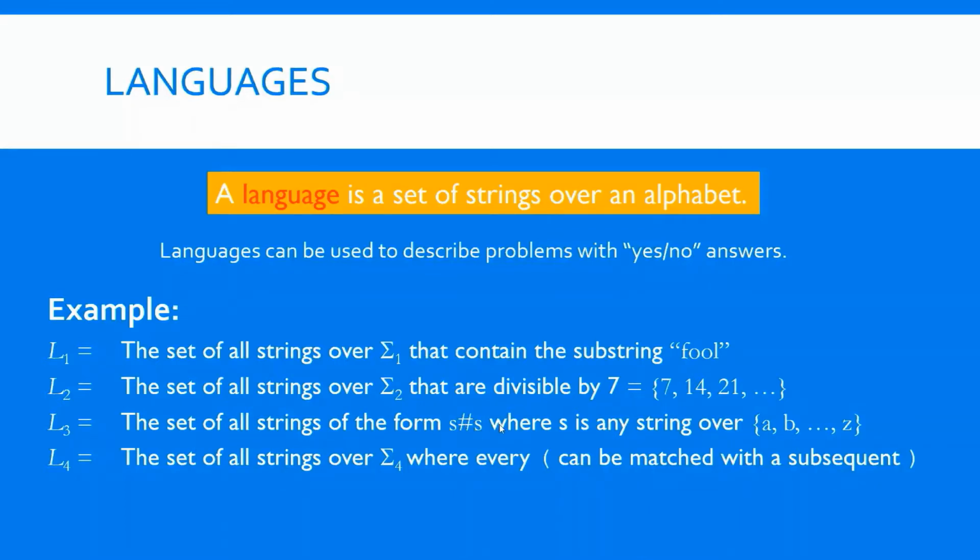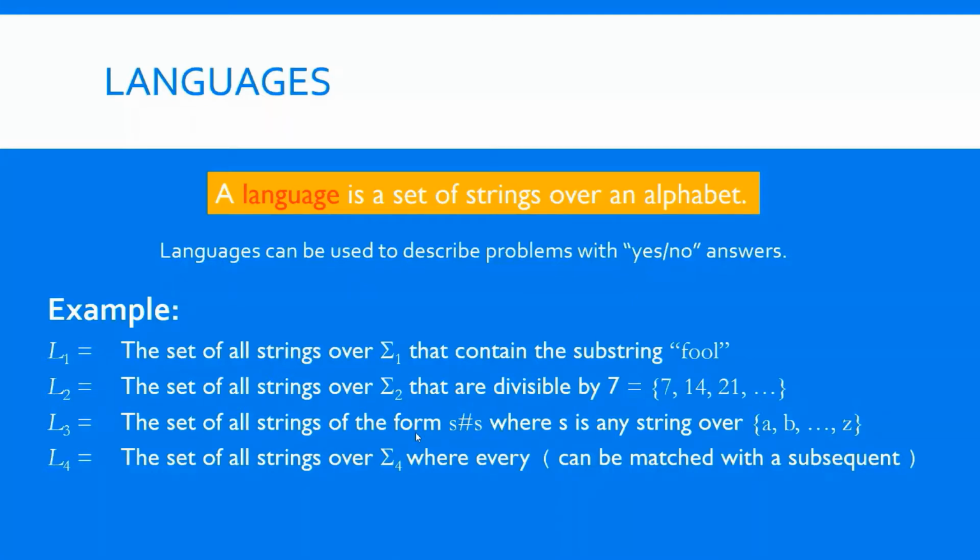Can you write down some example of this L3, some candidate of L3? Suppose one example is AB has AB, ABC has ABC, Javier has Javier. So whatever you write here as a string, then a separator has, then you copy that same string.